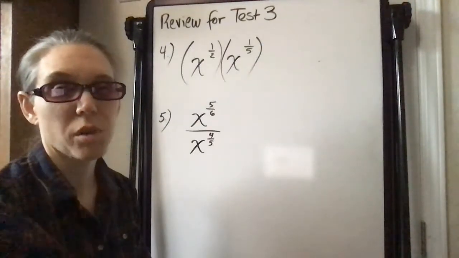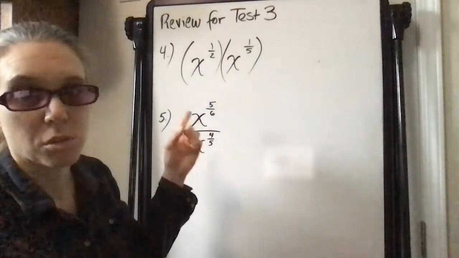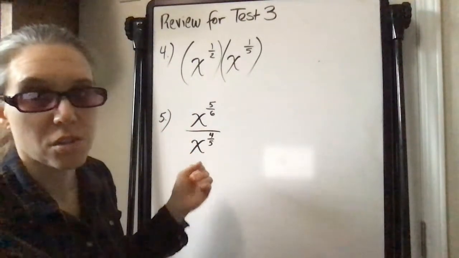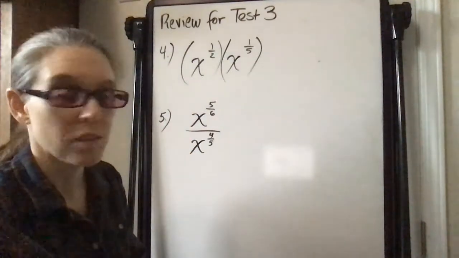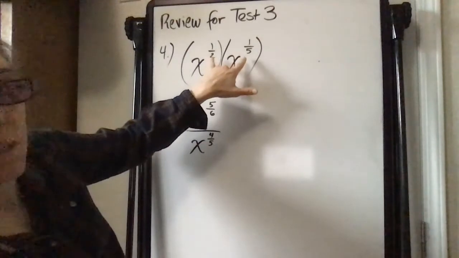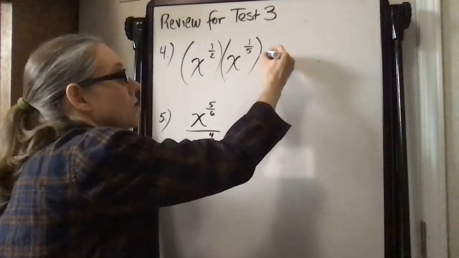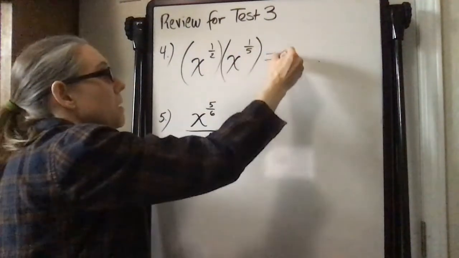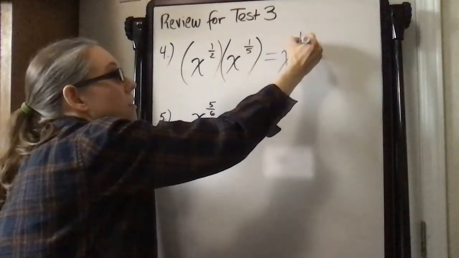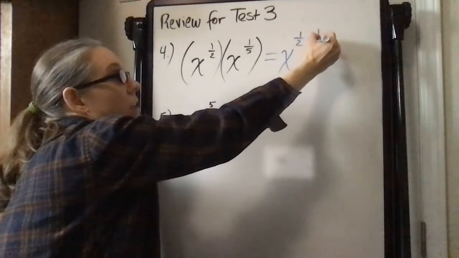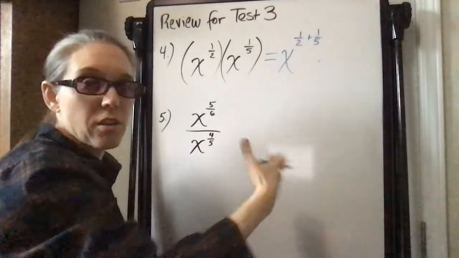For questions 4 and 5, we're going to look at the multiplication and the quotient rules for exponents. What we want to do is simply combine these through addition. This is short answer. We're going to take the 1/2 and the 1/5 and add them together, and you don't have to show any work.